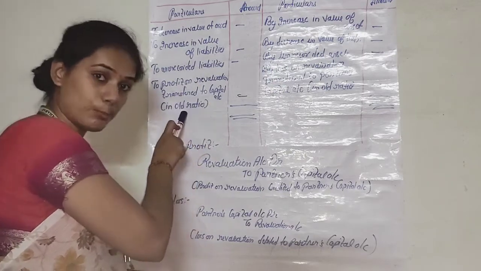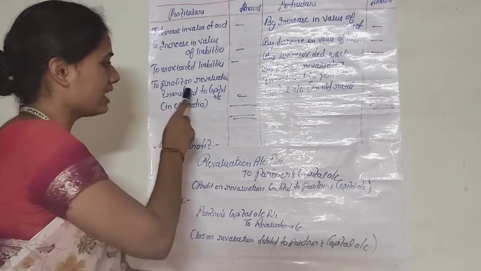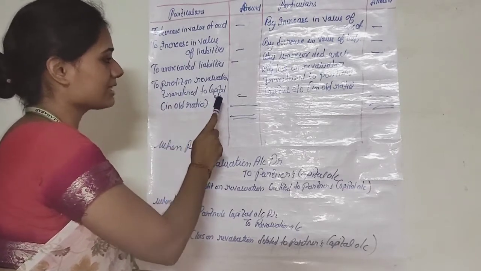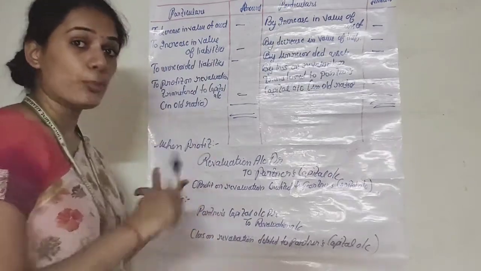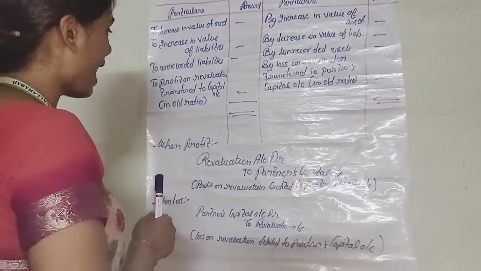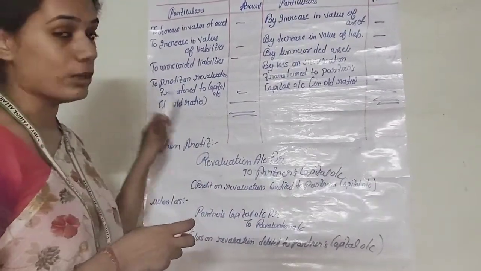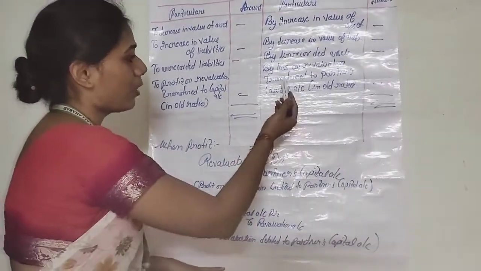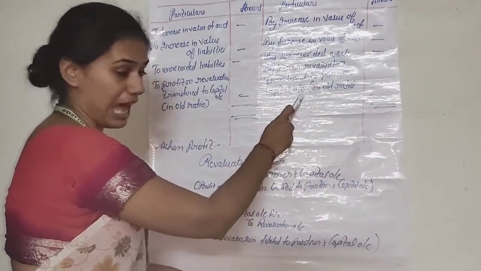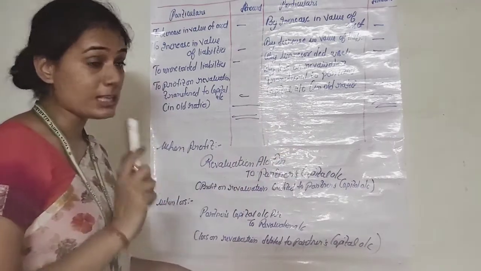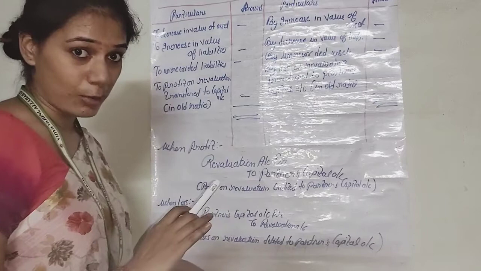So if there is a profit, we will write profit on revaluation transferred to partners' capital account. जो भी हमारा प्रॉफिट होगा वो हम पार्टनर्स कैपिटल अकाउंट में ट्रांसफर करेंगे इनटू देयर ओल्ड रेशियो. Clear? Now, if there is a loss, that will also be transferred to the partners' capital account in their old ratio. So this is the revaluation account.